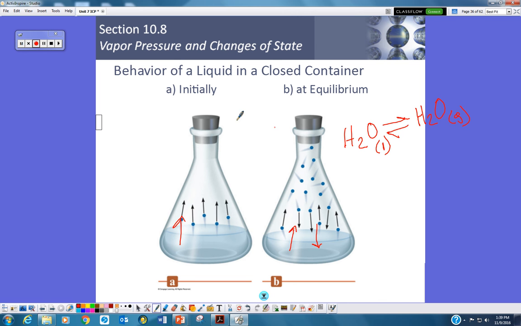So when we first started off, we're going to have a higher liquid line, and then as more and more molecules escape, the line goes lower and lower, and then when we reach equilibrium, the volume line has decreased a little bit, and then we have this transfer from liquid to gas, gas to liquid, and it's at an equal state.